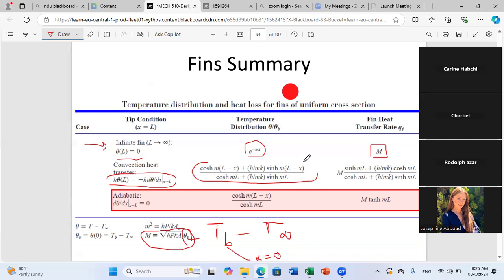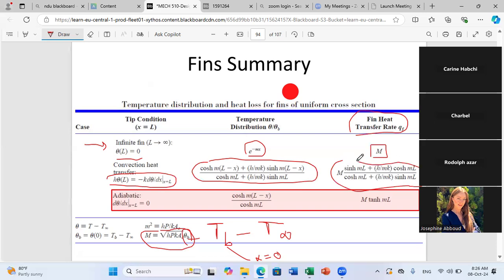So at any position x, this is the solution for your theta over theta 0. And of course, by doing an integral, you can get the total fin heat transfer rate through the corresponding area.